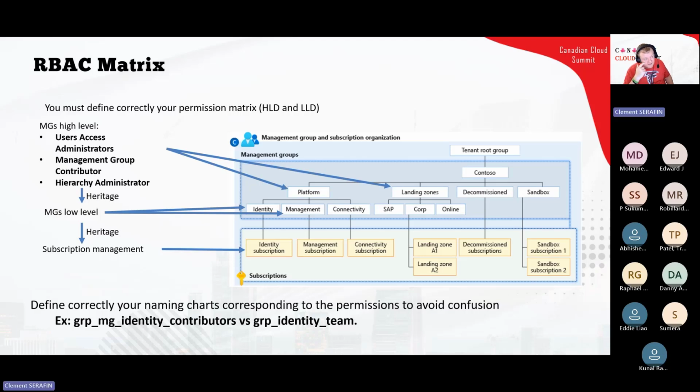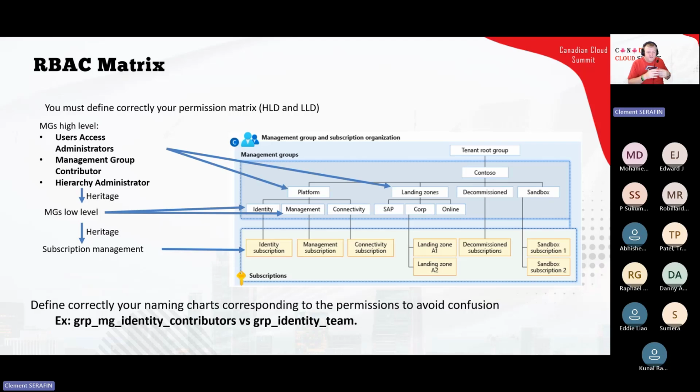Here is a detail about the matrix. So basically, when you are making permissions, at the higher level we are not allowing people to do strong stuff. When I say strong stuff, I don't have a permission at the top level to create a VM. When you are at the high-level management group, you can only manage user access and group contributors.